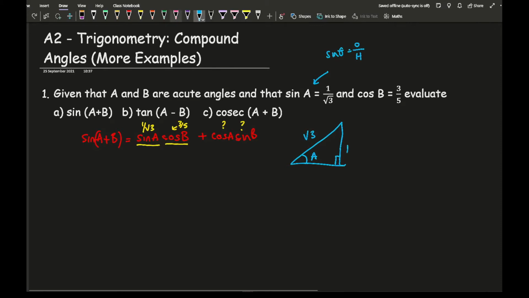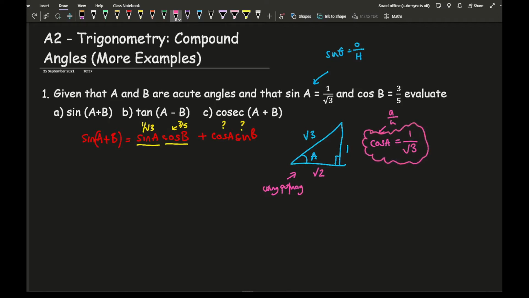Now using Pythagoras, this length here is going to be root 2. So from this, using cos A, which is what I'm wanting, cos A is equal to the adjacent over hypotenuse, and in this triangle our adjacent is root 2 and our hypotenuse is root 3. So cos A equals root 2 over root 3.